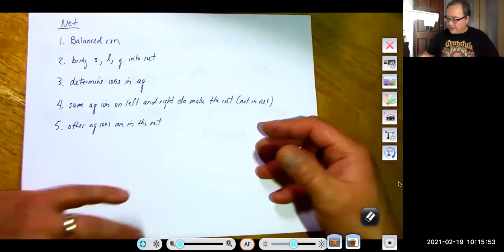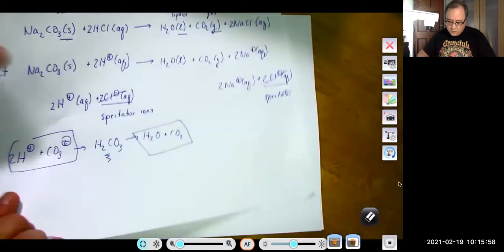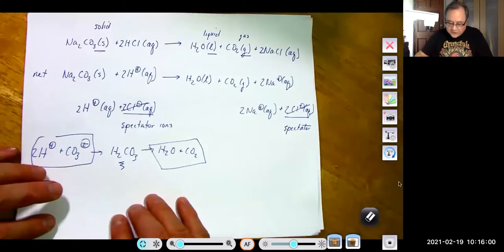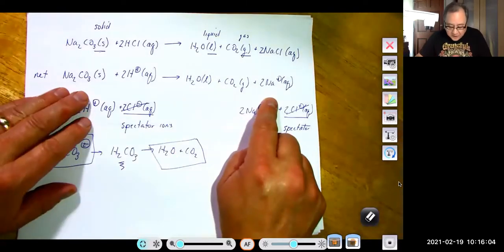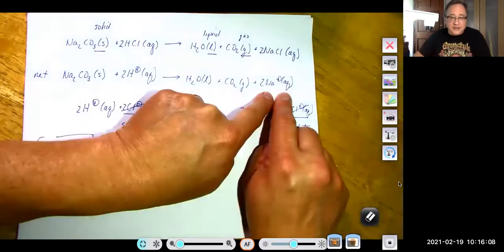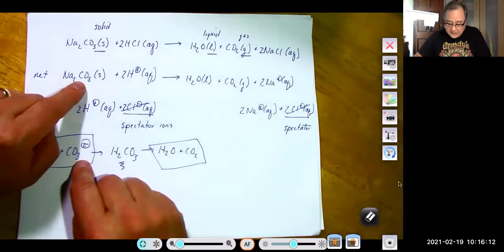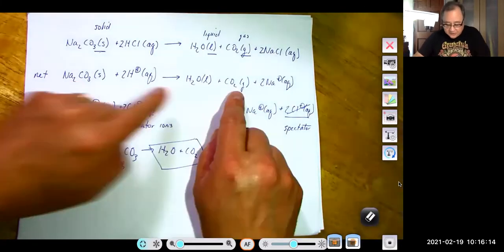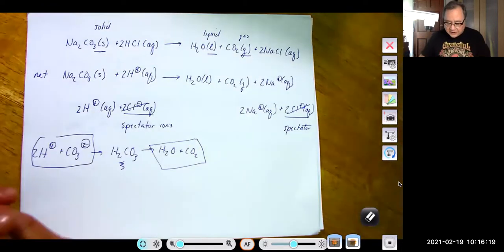And if you look at the net ionic reaction concept here, we're basically only including those things where something has changed about them. That's the net. Here, sodium is part of a solid. Here it's dissolved. Something has changed. Here, this carbon is part of carbonate ion, and here it's part of CO2. Something's changed for that carbon. So the net is really for things that change.